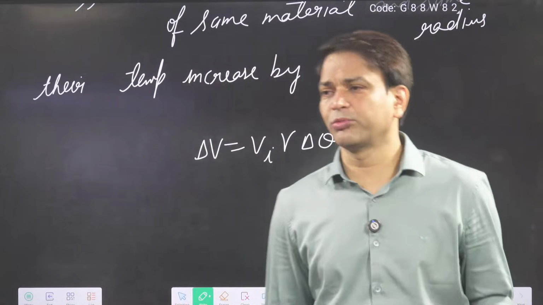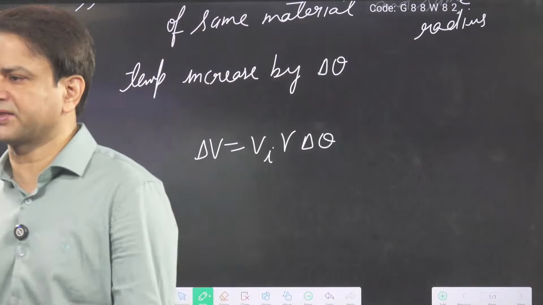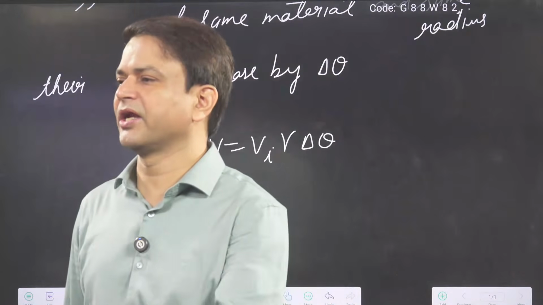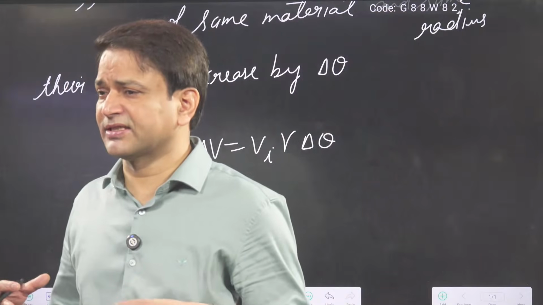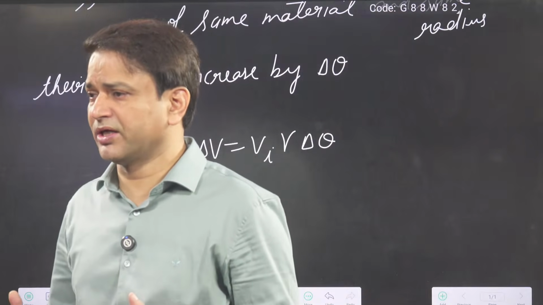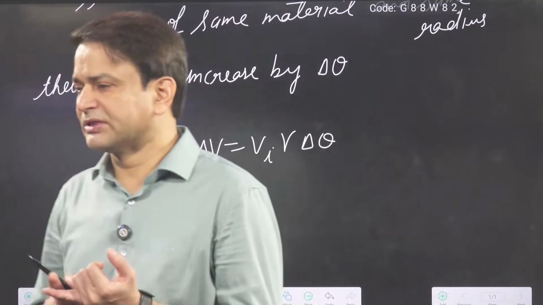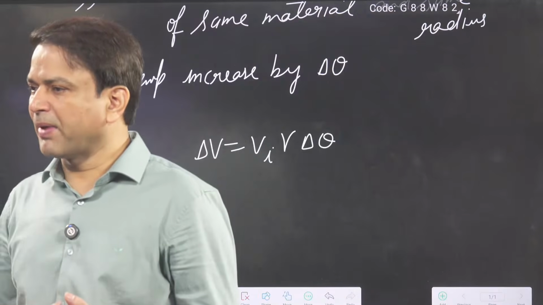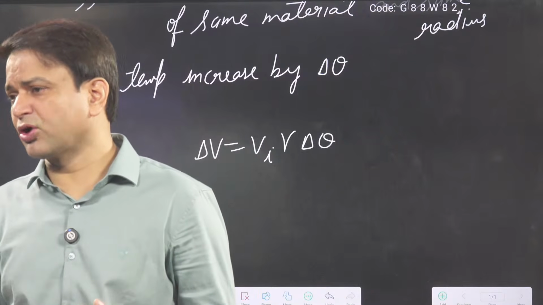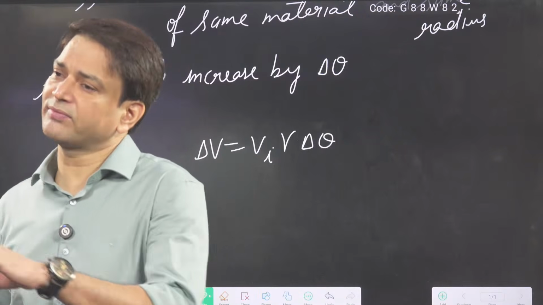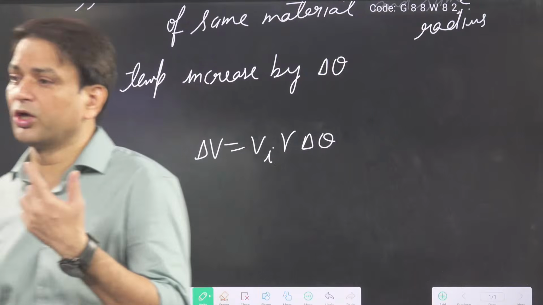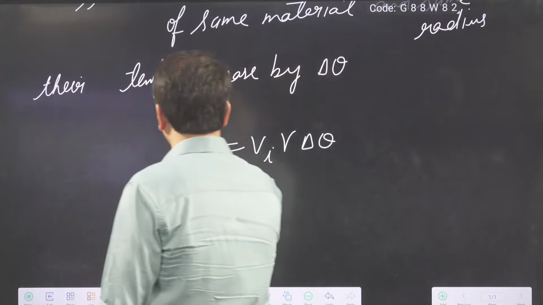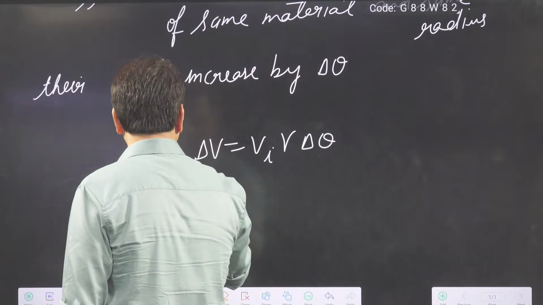So change in volume depends upon the initial volume, the material, and the change in temperature. Solid or hollow doesn't matter. The radius is the same, so the initial volume Vi is the same. The material is the same, so gamma is the same. The rise in temperature is the same, so delta theta is the same. Then the volume change will be the same. So delta V is also the same.